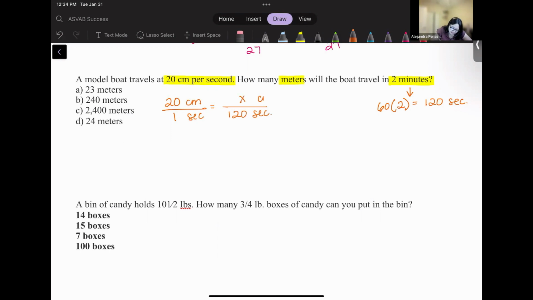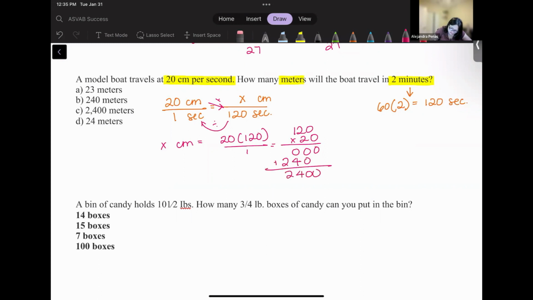Now we're going to figure out how many centimeters this little model boat is going to travel. So we cross multiply and divide, and the number of centimeters would be 20 times 120, everything divided by 1. So this is going to equal 2,400 centimeters.